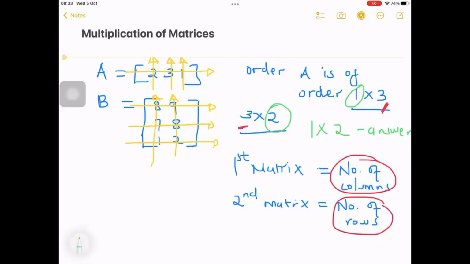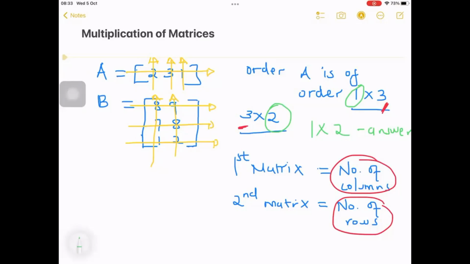So you check matrix A and matrix B, or ideally the first matrix and the second matrix. If the number of columns in the first matrix is equal to the number of rows in the second matrix, then the two can be multiplied.